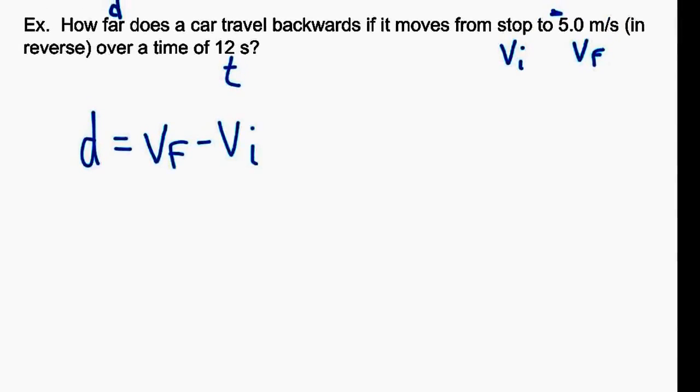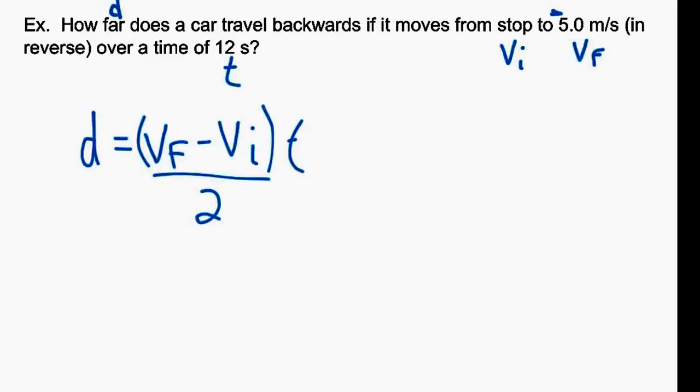We don't have our acceleration. So you can see it's going to be exactly the same formula that we just did. We would have D equals (VF plus VI) divided by 2 times time, as our formula we want to use.